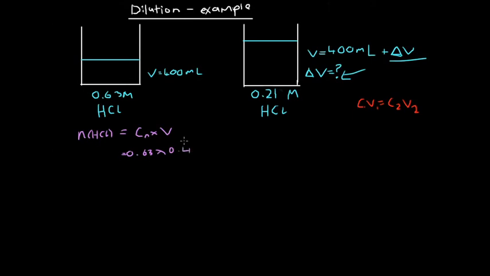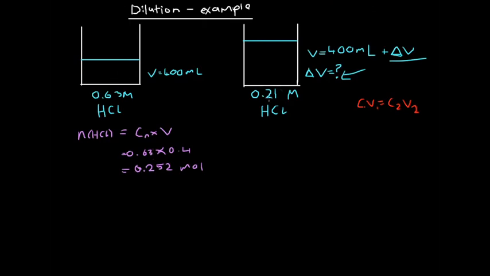Now, this gives us 0.252 mole. And we know that the one key part about dilution questions is that this number stays the same. This number is unchanged because all we're doing is adding water. So the mole of hydrochloric acid in this solution is not getting changed.